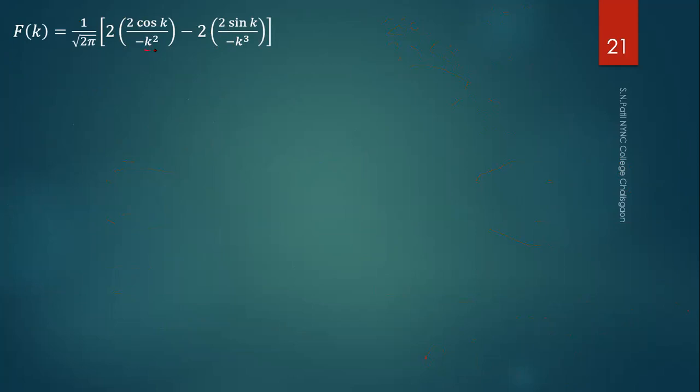Now see the denominator: k square and k raised to 3, so the LCM is k raised to 3. How do we get k raised to 3 here? Multiply and divide by k. And we take the minus sign as common, then minus 4 is common, and we get the term.